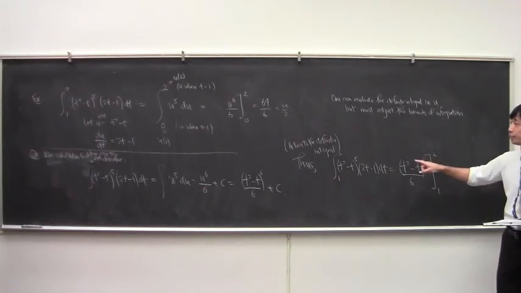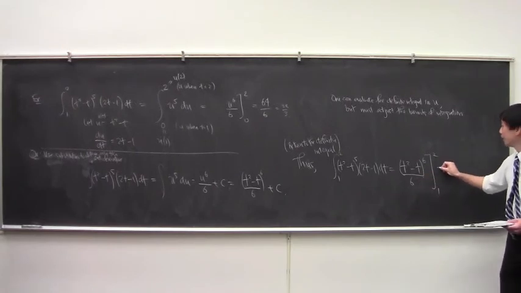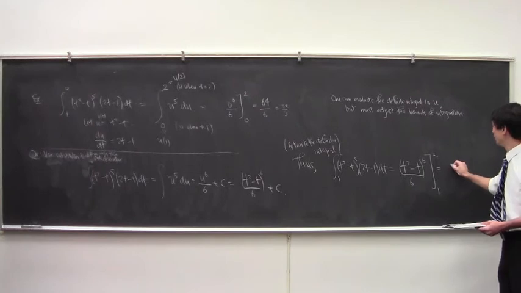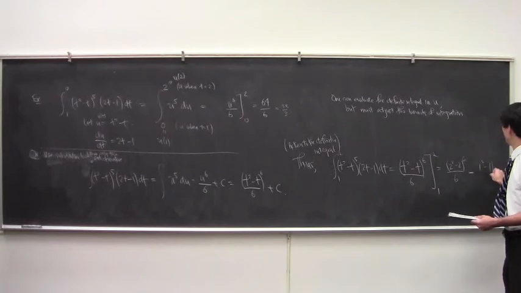So you switch back entirely to t. That's going to be (2 squared minus 2) to the 6 over 6 minus (1 squared minus 1) to the 6 over 6. That is to say, 2 to the 6 over 6 minus 0 again.